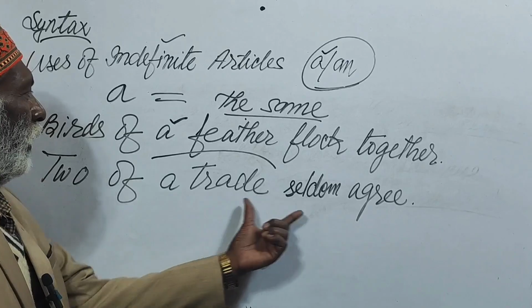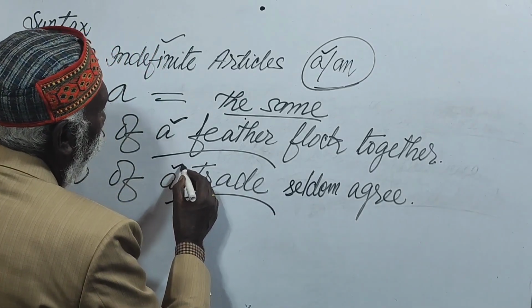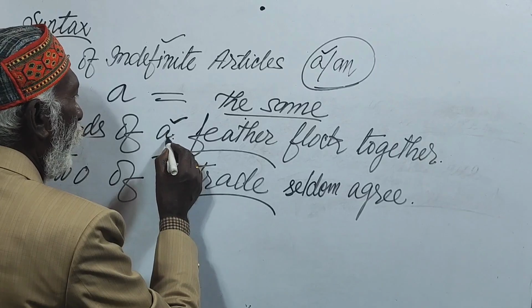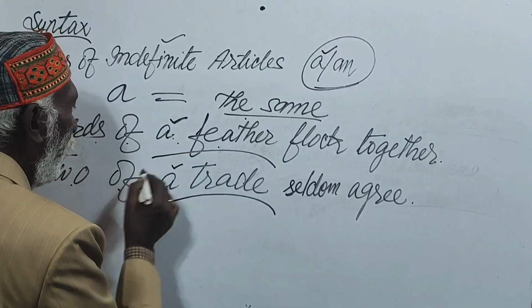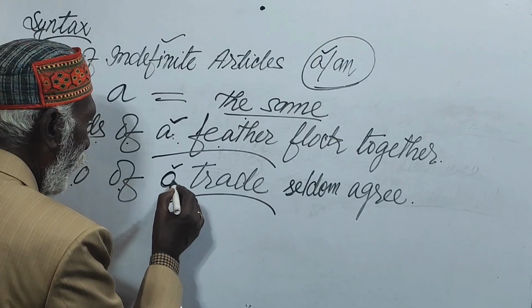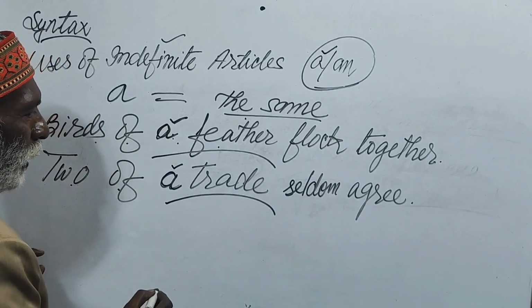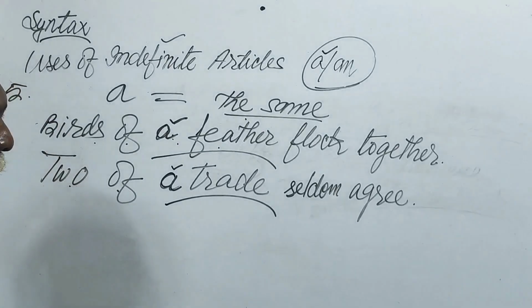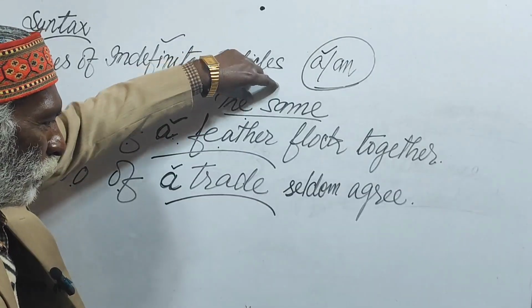Birds of a feather, two of a trade. Here article a has been used in the sense of the same.